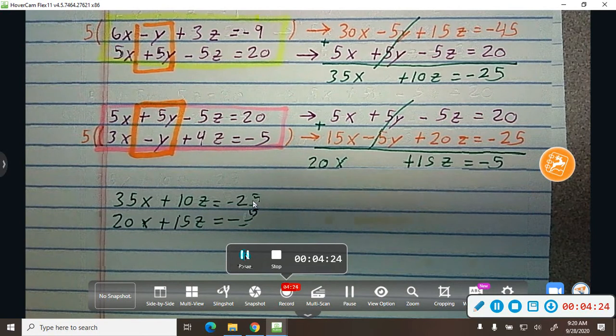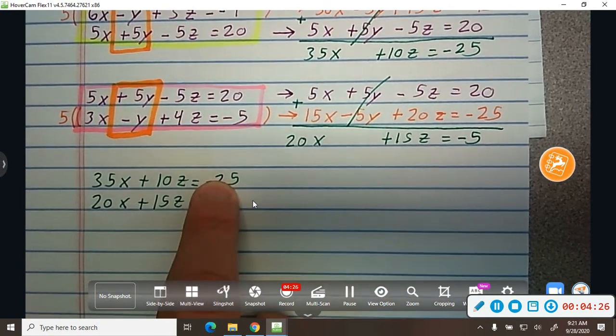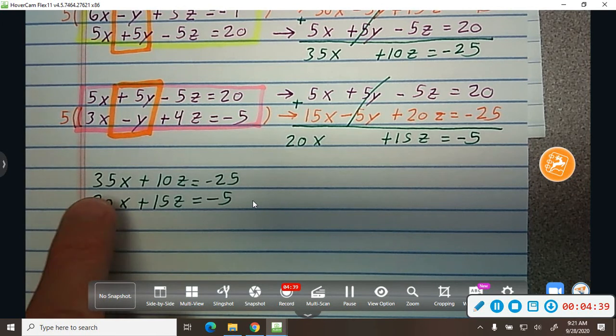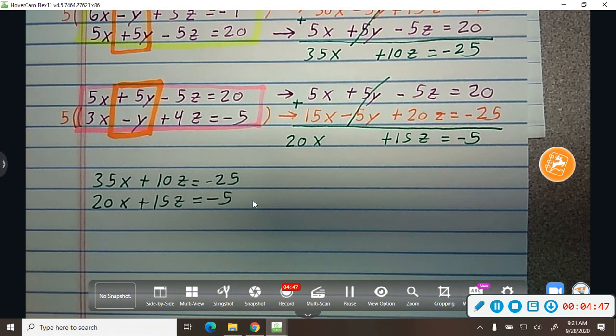So you take those two green equations, you rewrite them as your system, and now from here this should be review. And so probably the easiest method on all of these is going to be elimination. We are going to decide, do I want to eliminate 35 and 20 for the x's, those are kind of large numbers, or 10 and 15.